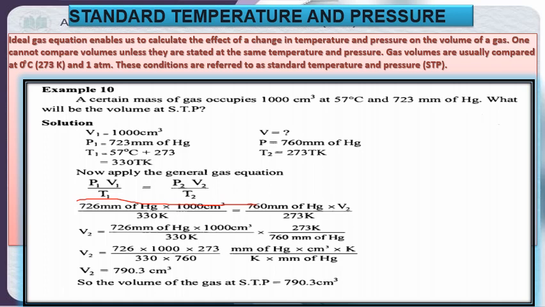So very carefully you have to rearrange this equation so that V2 comes out from all these parameters. Before this, you have to convert the temperature into the Kelvin scale. Remember it, right? Put in the values and you will get your answer. There is no need for R as we have not applied it here, right?